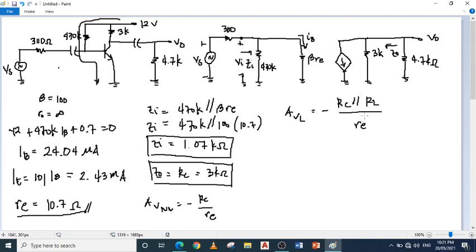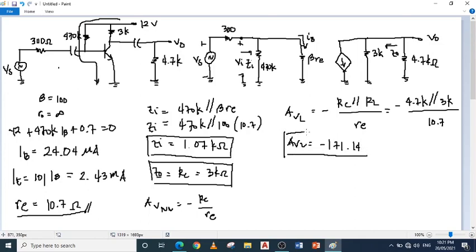So what is our AVL? Please solve this too. We have 4.7 kilo in parallel with 3 kilo over RE, which is 10.7. Solving it, our AVL is equal to negative 171.14. So that is our AVL.